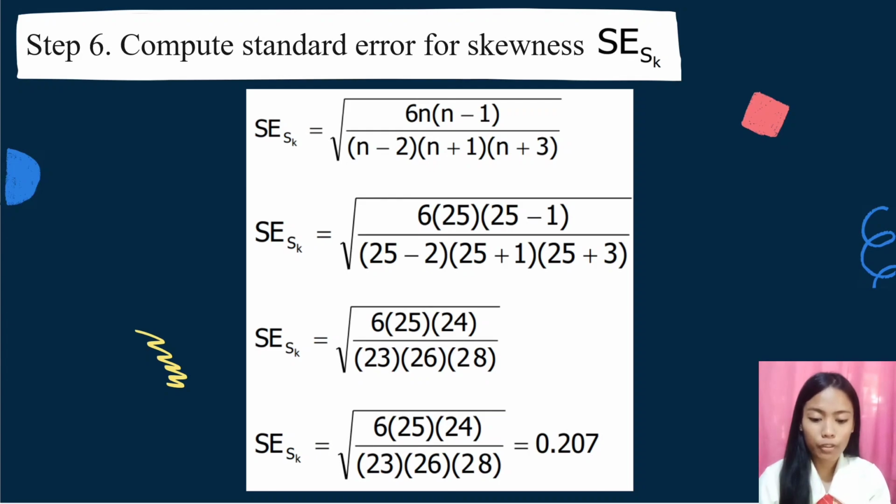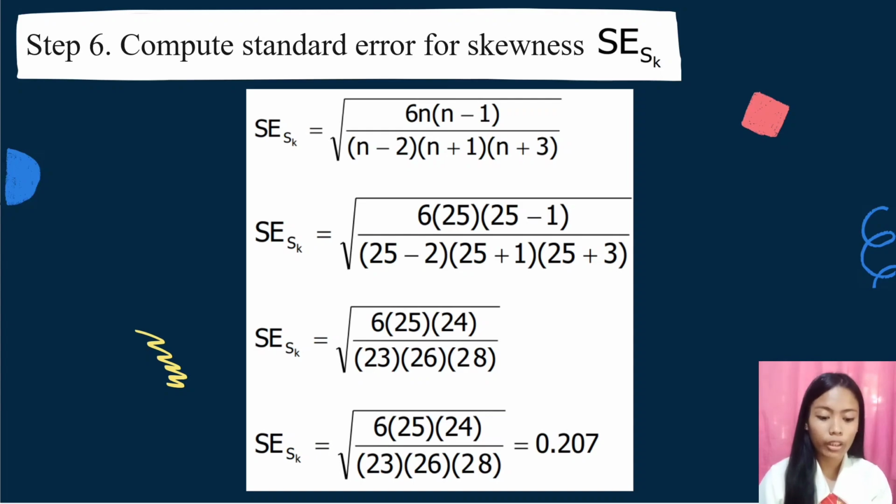Standard error of skewness is equal to the square root of 6 times 25 times 25 minus 1 divided by 25 minus 2 times 25 plus 1 times 25 plus 3. Standard error of skewness is equal to the square root of 6 times 25 times 24 divided by 23 times 26 times 28.